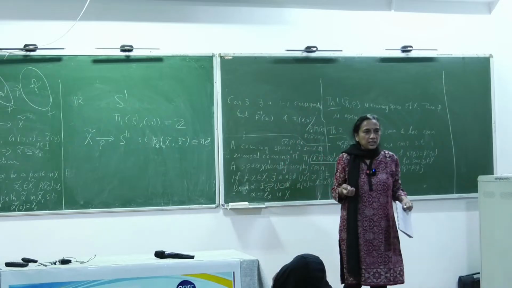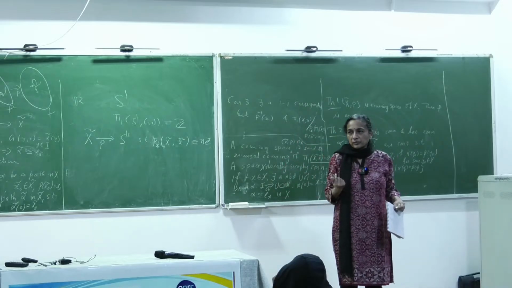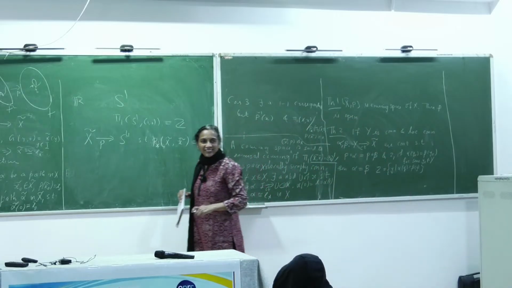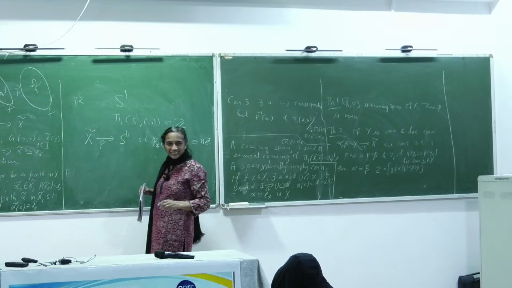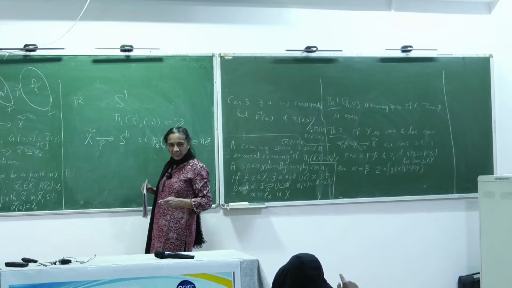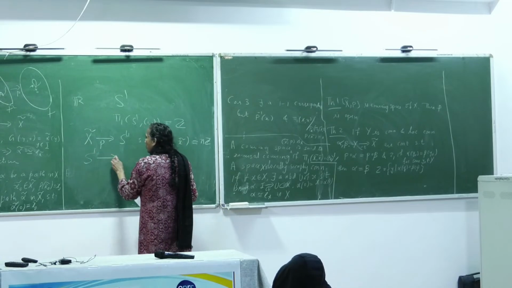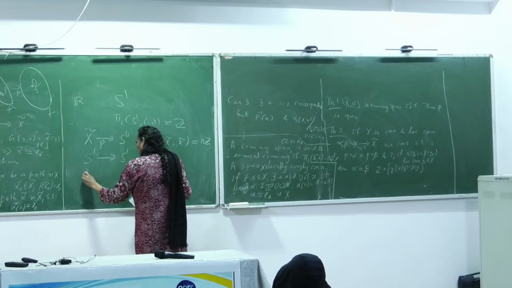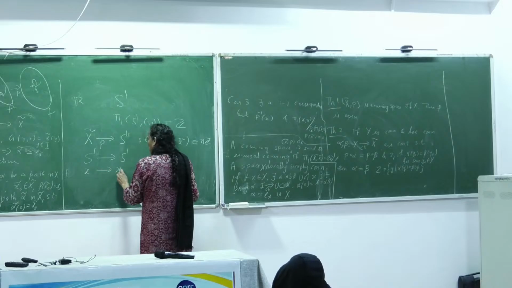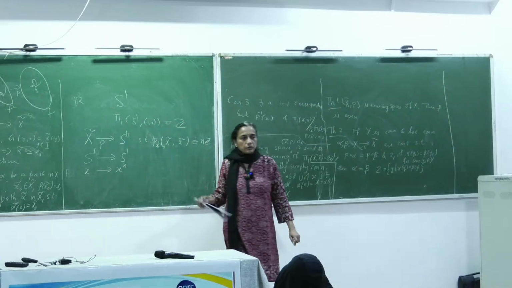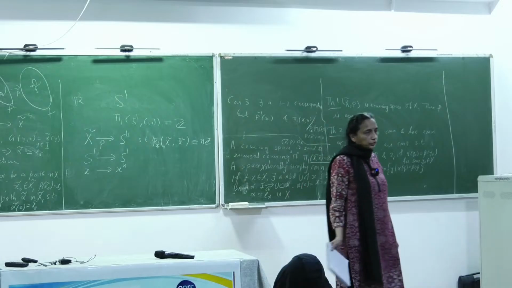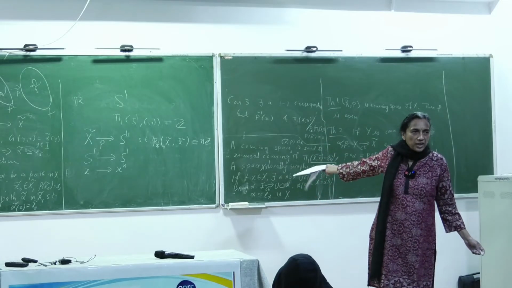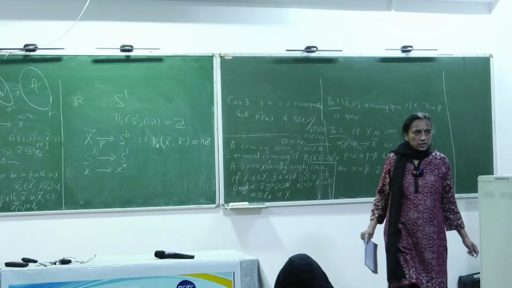Any ideas? Any guess? Yes, so you say S1 to S1, which will take you to NZ for every n. One of these is the identity, which gives you Z.